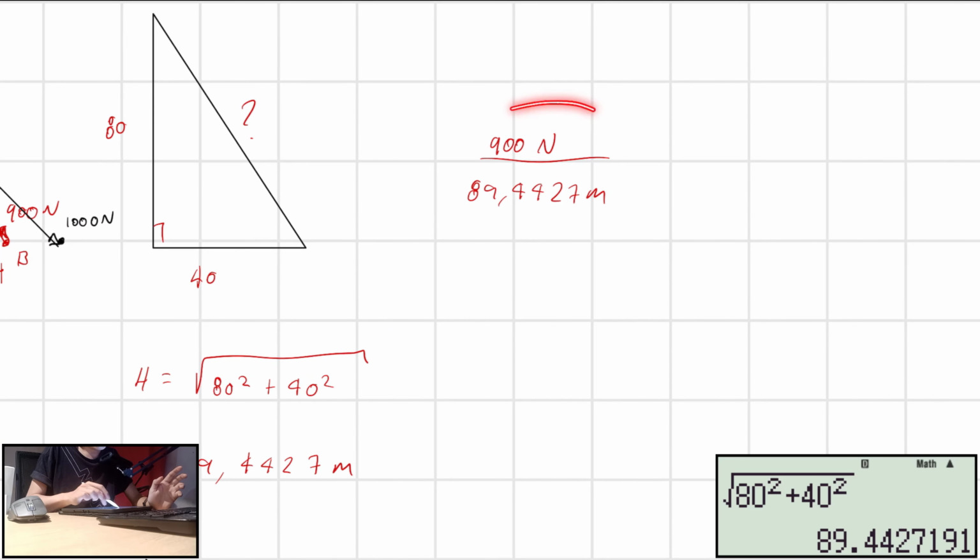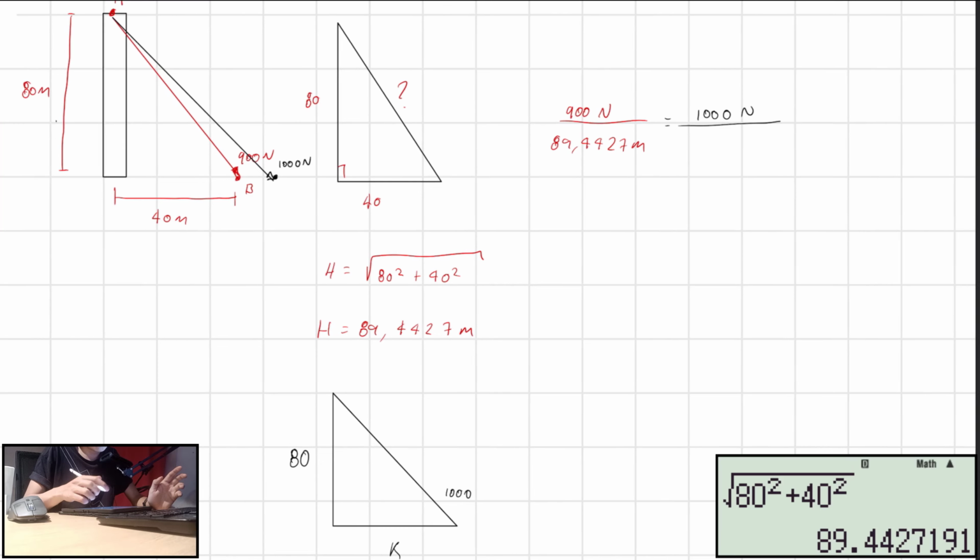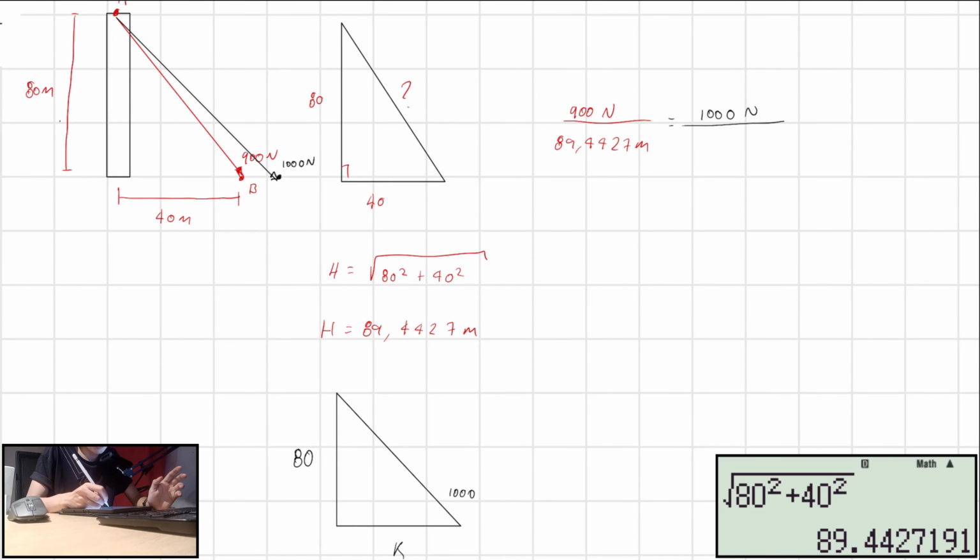Once we have found this equivalence, I can say that this is going to be equal to 1000, which is the new force, divided by the new hypotenuse, which I'm going to call H2.